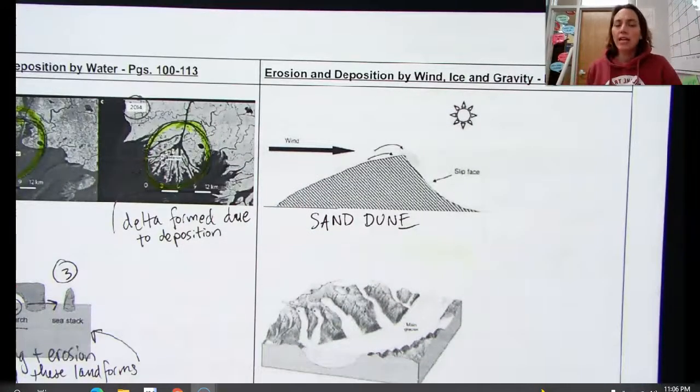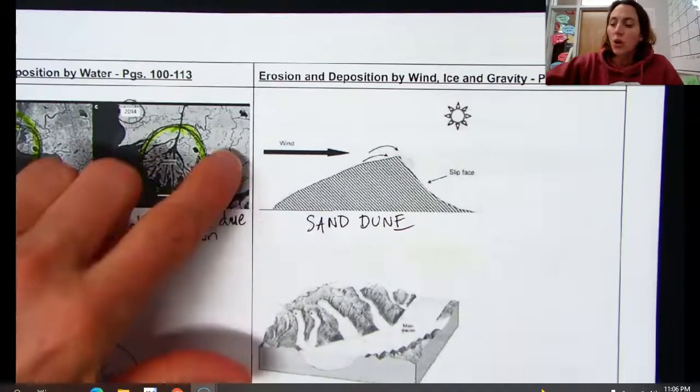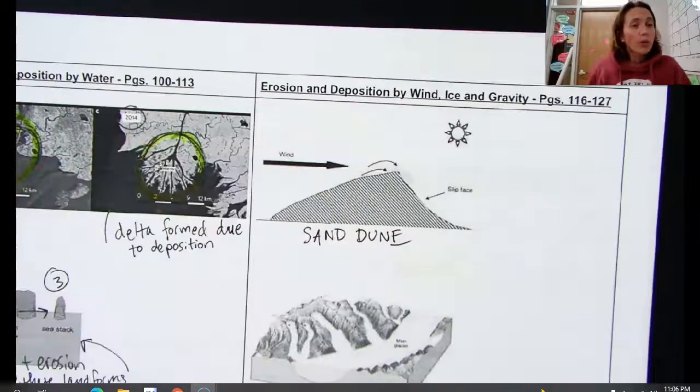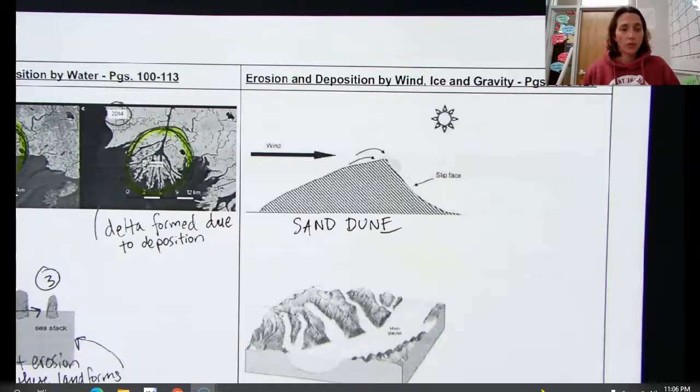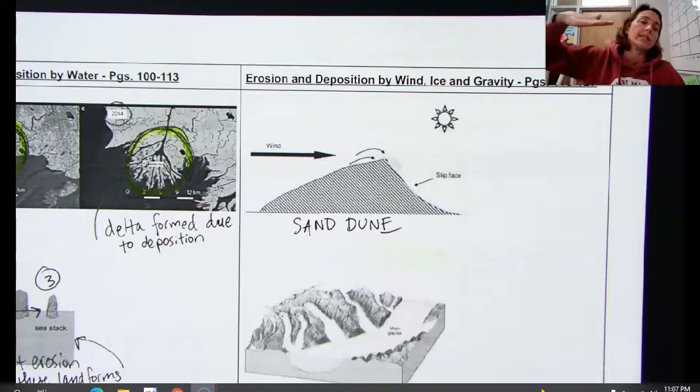Now, just like you saw in your virtual lab, you can always tell which way the wind is blowing when you look at a sand dune, because the gentle slope or gentle gradient of the sand dune is the direction from where the wind is coming from.